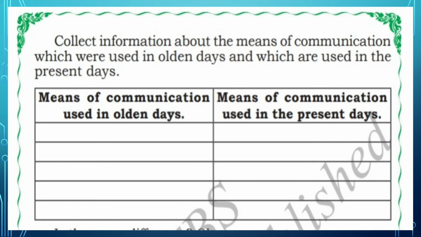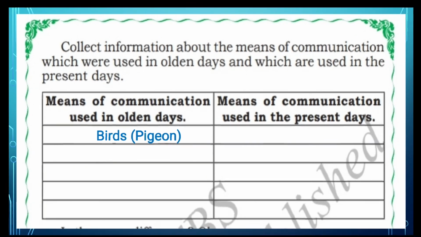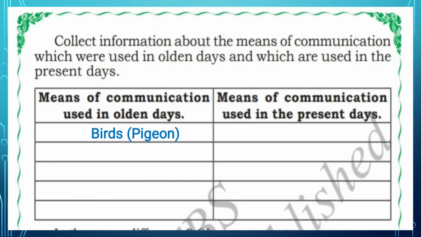Let's see first the means of communication in the olden days. Birds, that is, I have shown that earlier we studied, no, that pigeons were used for carrying letters from one place to another. So that is birds, that is pigeon. Next is letters, which they used to send with the help of birds, no?